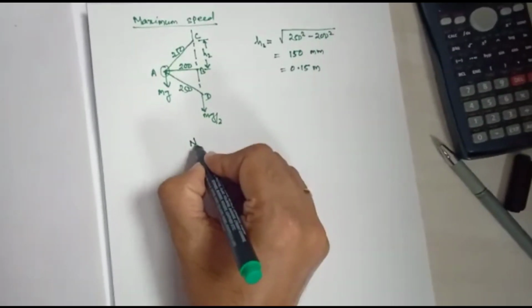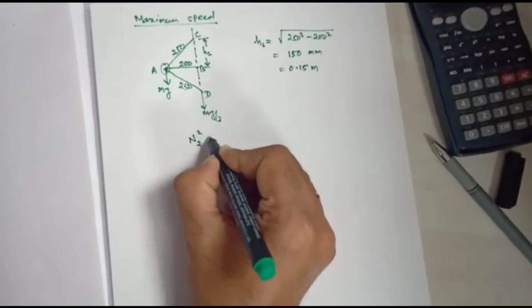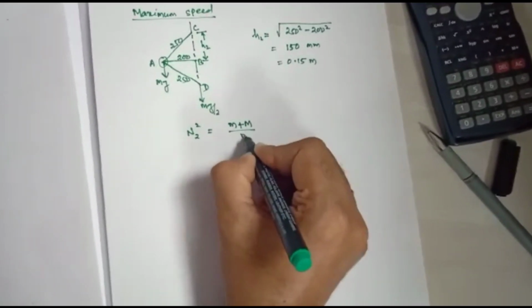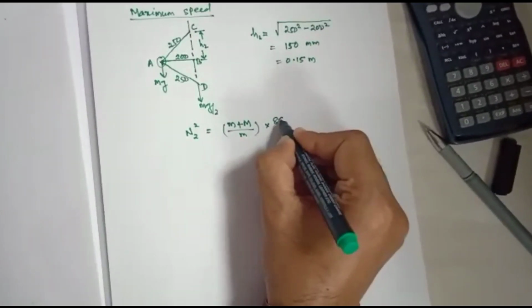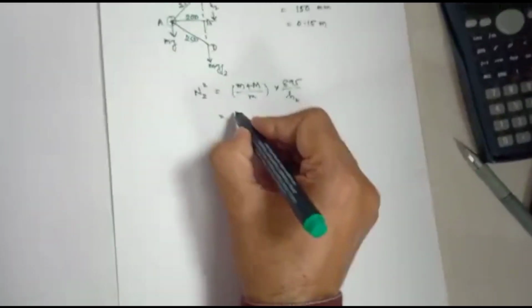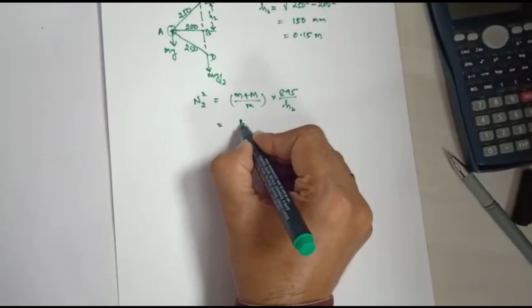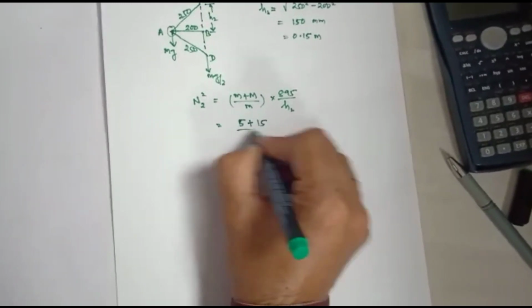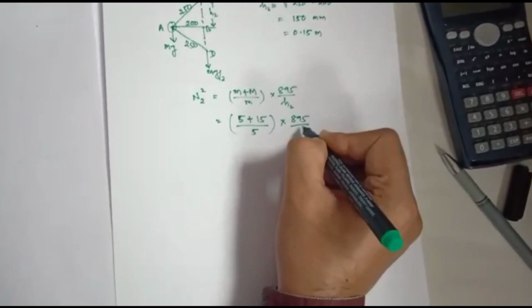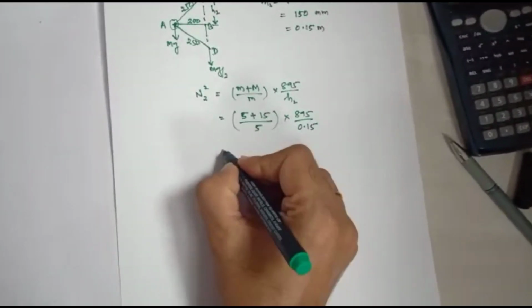Again we can formulate N2 square, M plus m by small m into 895 by H2. Now we can put the value. We know those values. Small m is 5 kg, this is 15 kg, this is 5, into 895 by H2, which is 0.15.